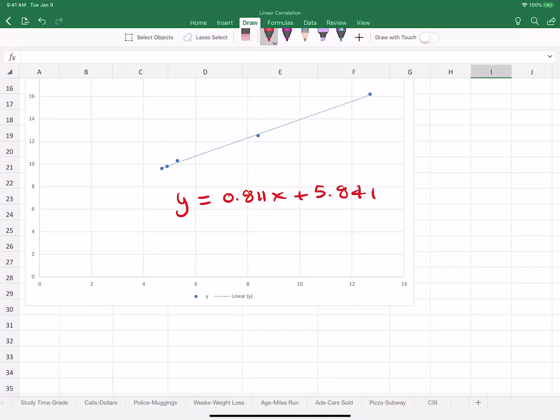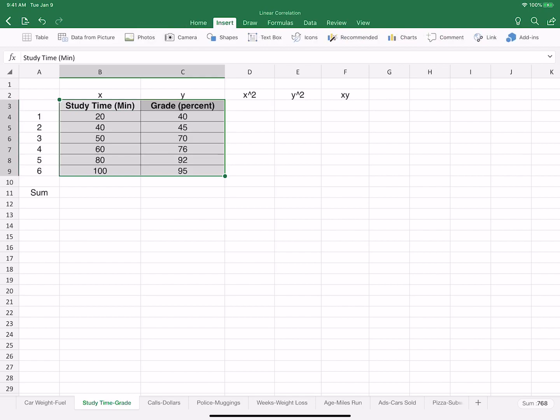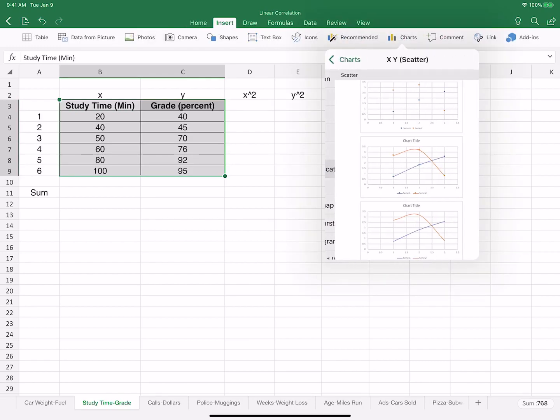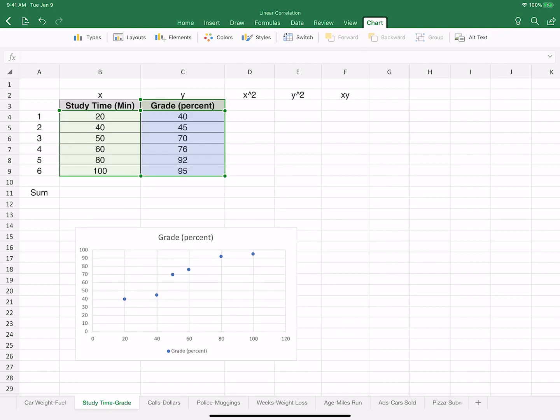I just so happen to have some of this set up already. So here's what I want to do here. I'm going to select this data, and I'm going to insert a chart, and it's going to be a scatter chart. Here it is.